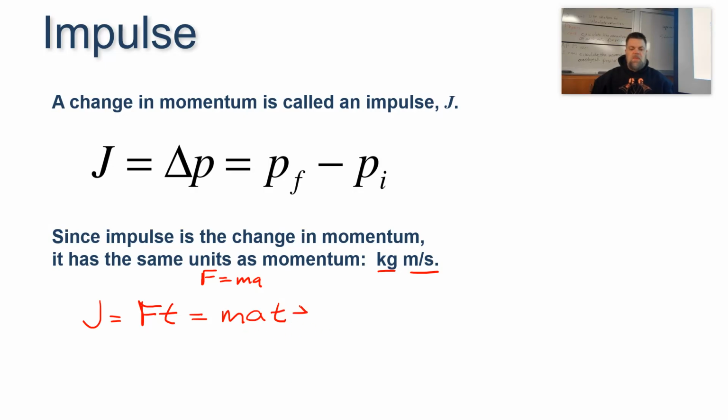Well, when we talk about the units of that, the mass is kilograms, the acceleration is meters per second squared, and then time is just seconds. One of these is going to cancel with one of these, so then my final answer is going to be kilogram meters per second. That's why that works.